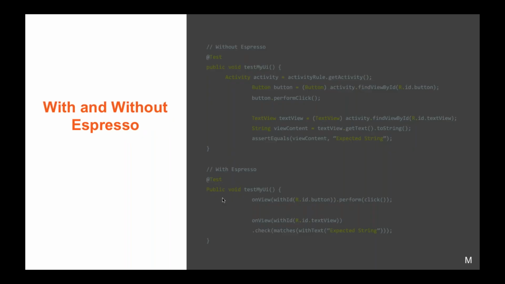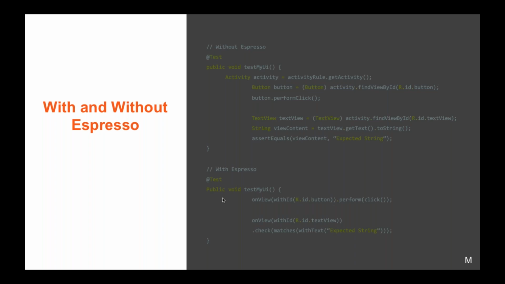If you look at these two code samples on top, you will see an instrumentation test without the Espresso wrapper. You can see it's a bit bulkier. For those who are familiar with Java, you have to do a lot of declaration and heavy lifting in order to write a simple test. Espresso uses the Hamcrest framework under the hood, which has been there forever, to make a more declarative style of writing tests.